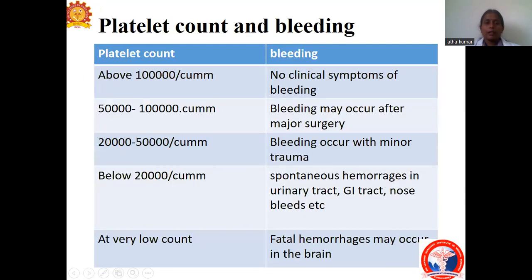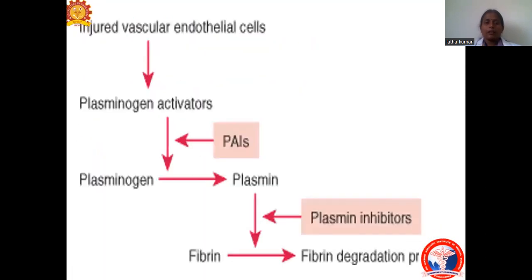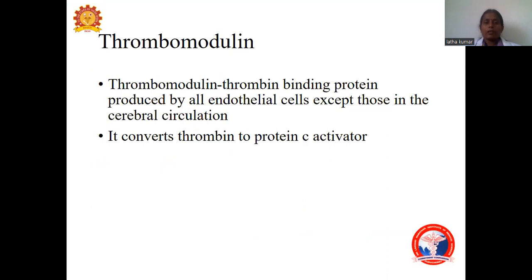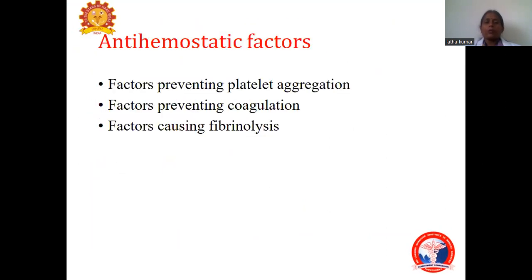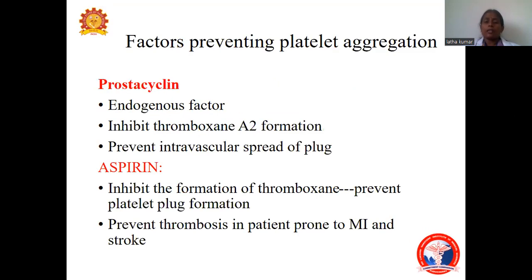Once again, to refresh: we have discussed antihemostatic factors under three headings: factors preventing platelet aggregation, factors preventing coagulation, and factors causing fibrinolysis.